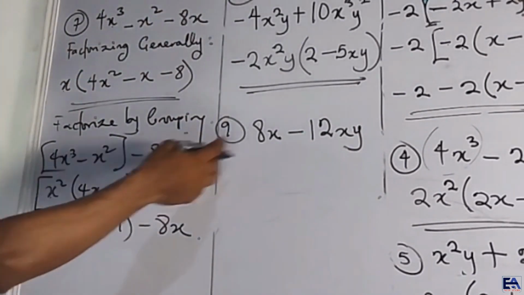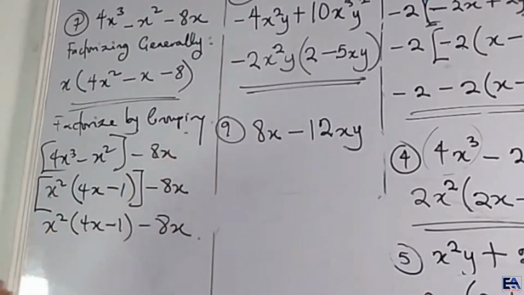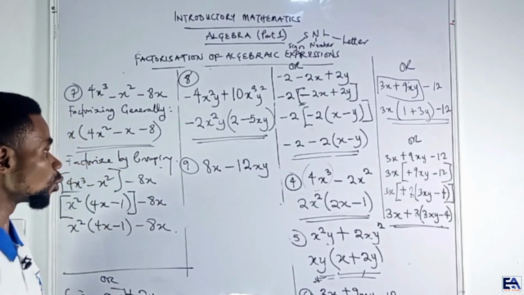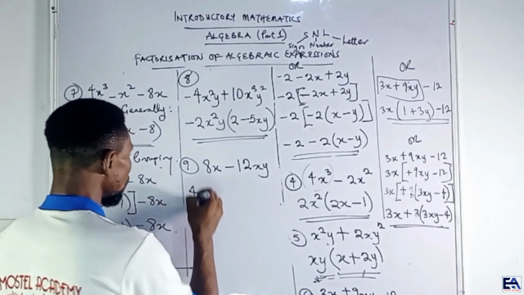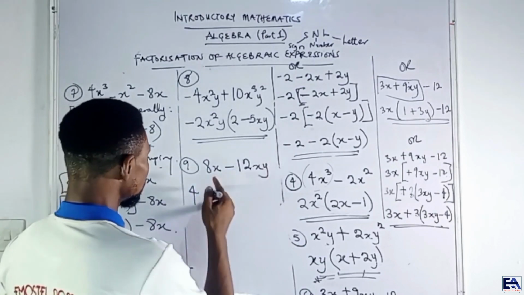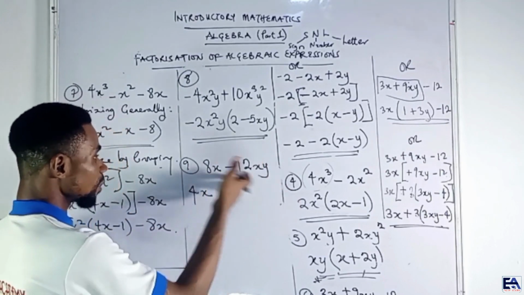So in this case, you look for the highest common factor. 2 is common, good, but also 4 is common. 4 can go here, 4 can go here. So we use the highest common factor, which is 4, in terms of numbers. But in terms of letters, x is common. x can go in both, but nothing more. Then y can go here, but it cannot work here.